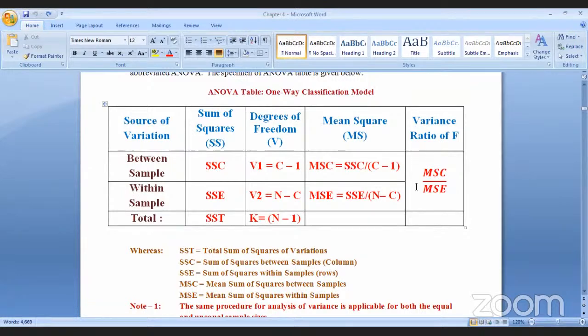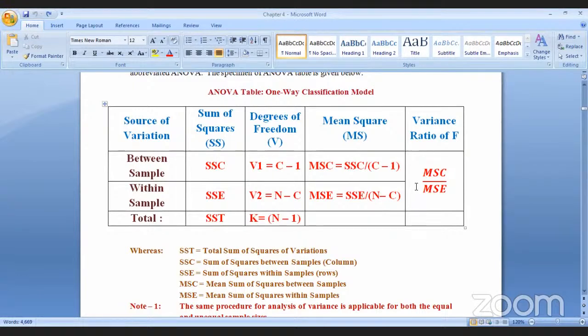SSC, variance, source of variations, sum of squares, degrees of freedom, mean squares, variance ratio of F. Between samples: SSC, V1 is equal to C minus 1, MSC is equal to SSC by C minus 1.